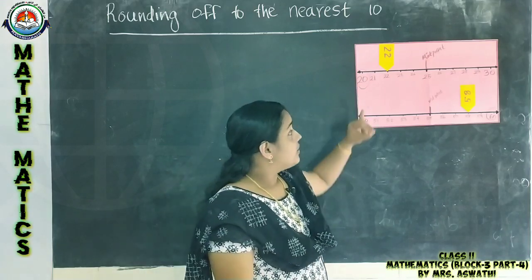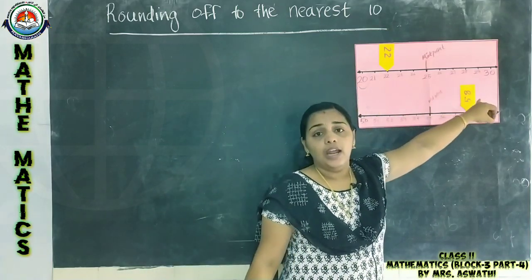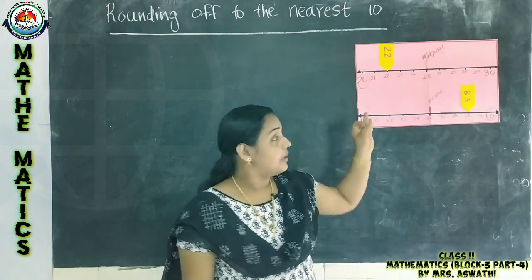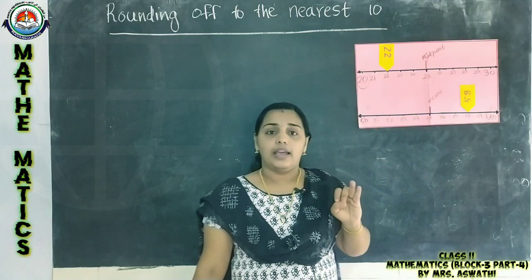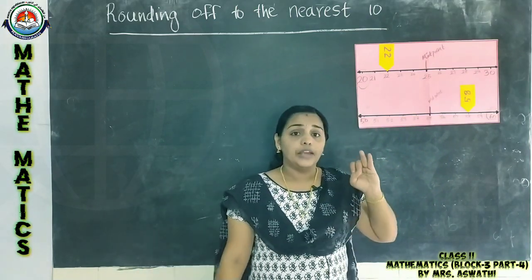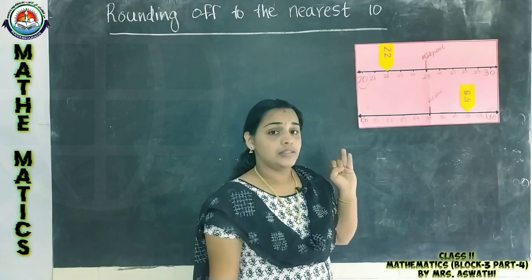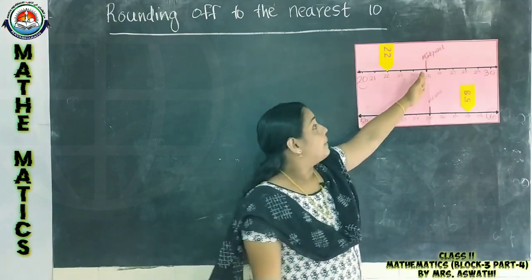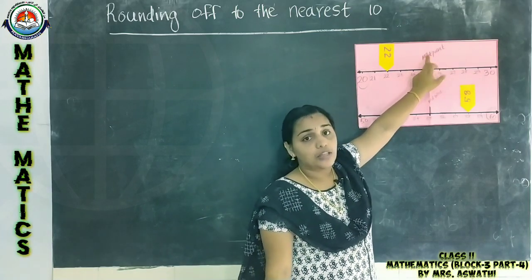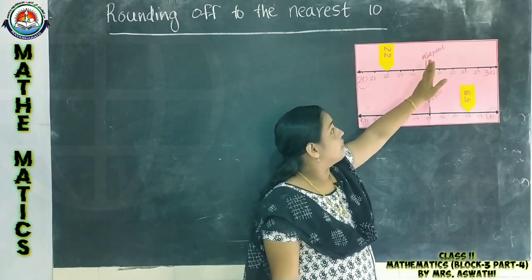Second, we find the position on the number line. First we find out the midpoint, then we check the number.